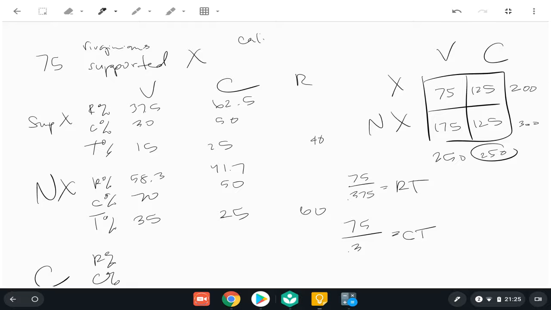Californians support X. Californians were 50-50 on X, even though relative to Virginians, the volume was more.